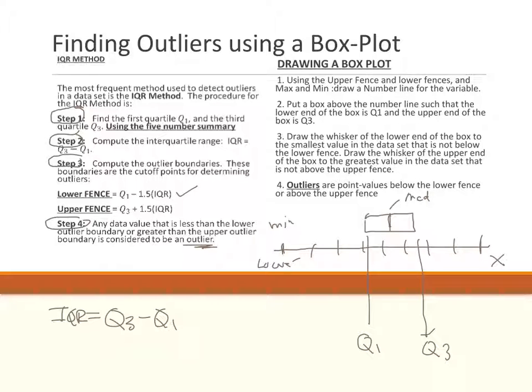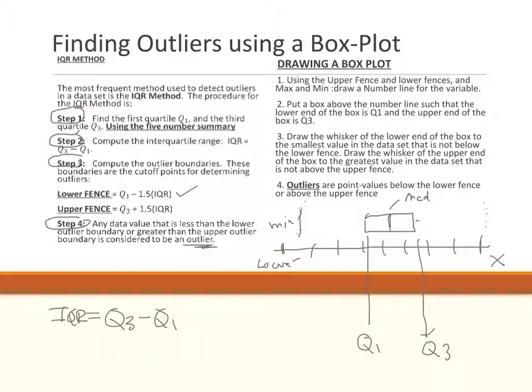Then we're going to draw the whiskers at the lower end and at the upper end. What we're going to do is dot in where our fences are on the line, and then the value closest to the fence, but not over the fence, is where our whiskers are going to be.